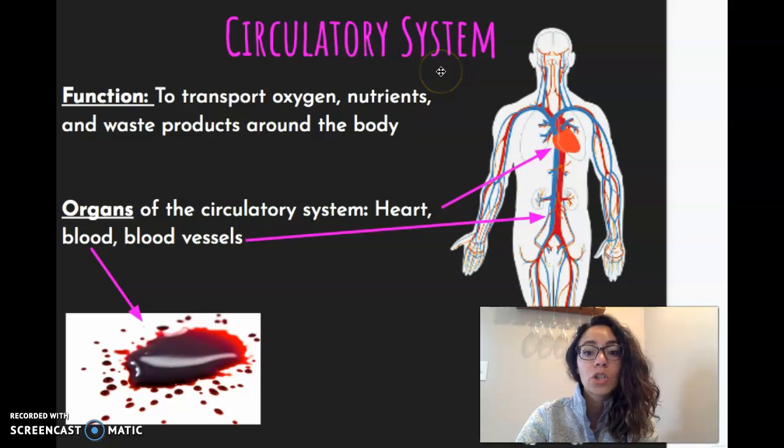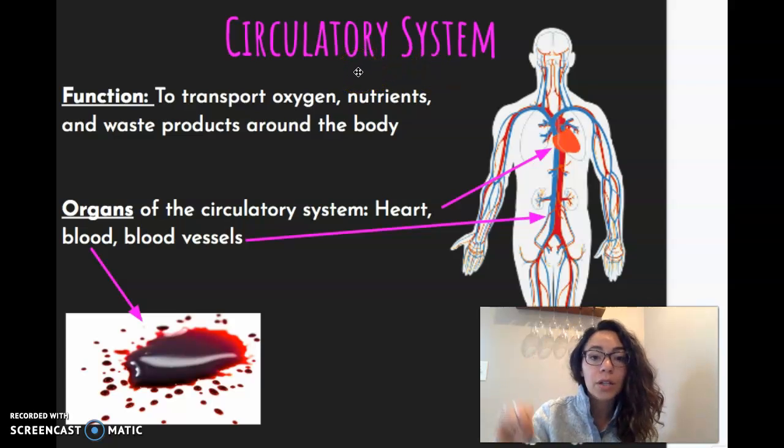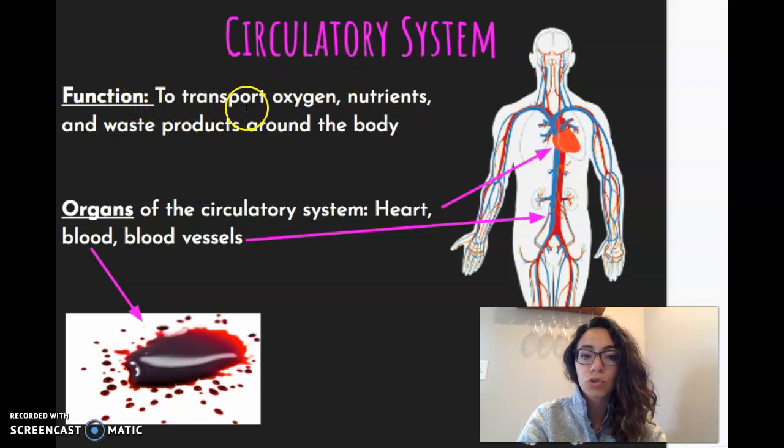Circulatory system, and the word circulate means to move around, move something around. So the circulatory system is moving blood around the body. So the function of the circulatory system is to transport oxygen, nutrients, and waste products around the body. Okay, so you can see here we've got the heart, which is the main organ of the circulatory system. All of these tubes are called blood vessels. Blood vessels or arteries or veins.